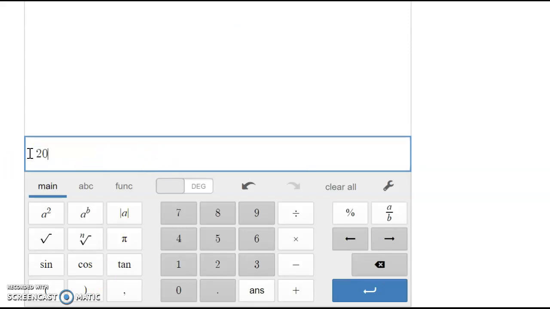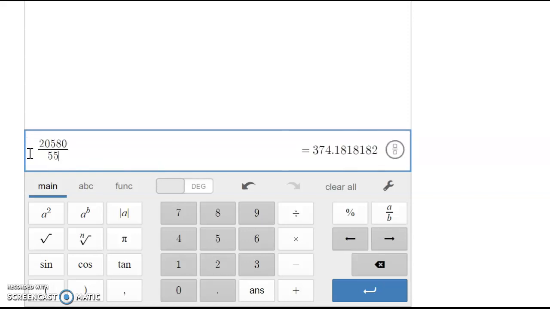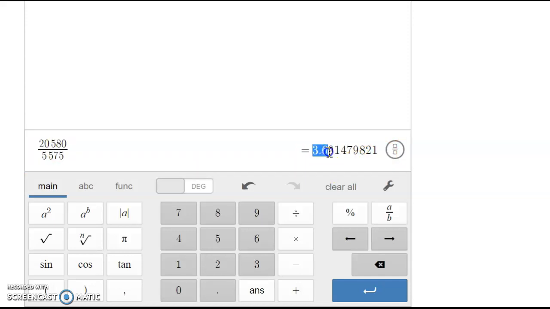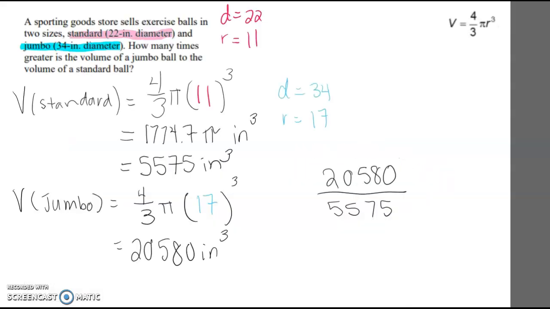So 20,580 divided by 5,575. And I get about 3.7. So a jumbo ball is about 3.7 times bigger than the volume of a standard ball.